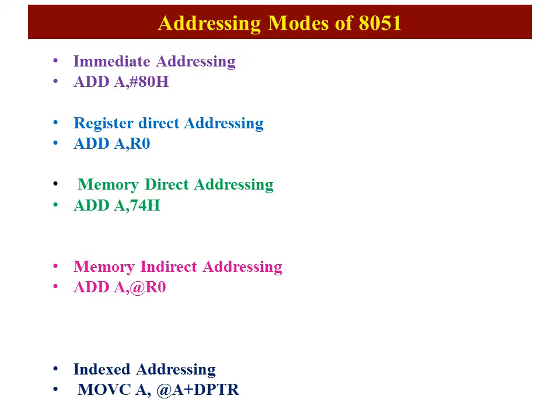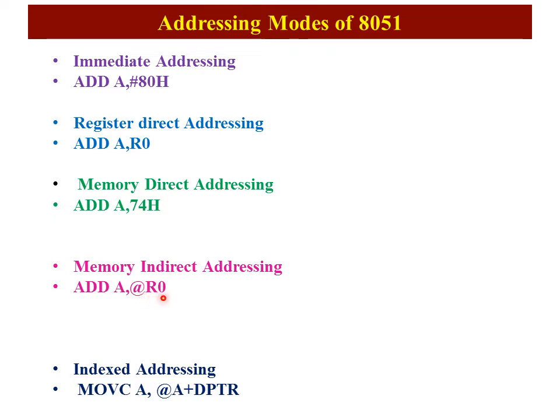But now in memory indirect addressing, whatever data is present in the R0 register will be treated as an address, not the data. In that address location, whatever data is present will be added with the accumulator register A. Have you got my point?